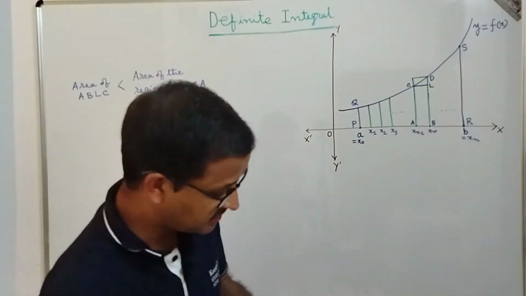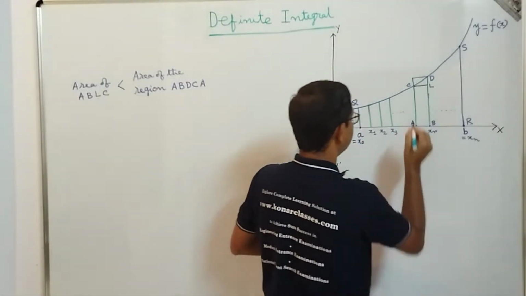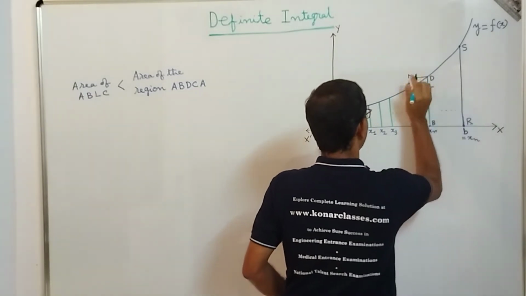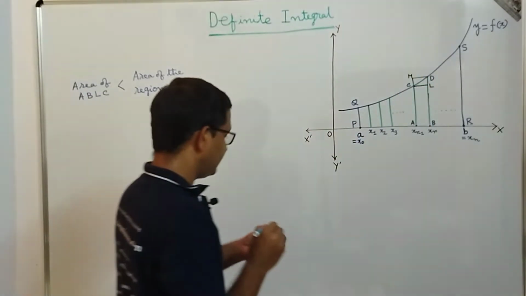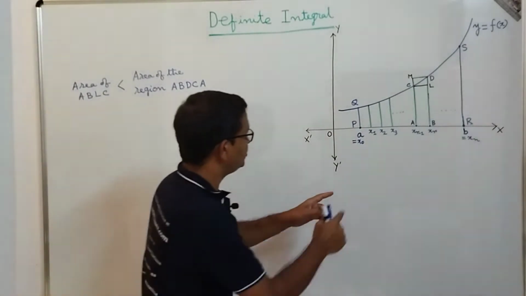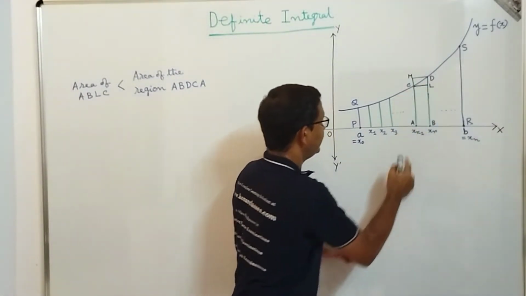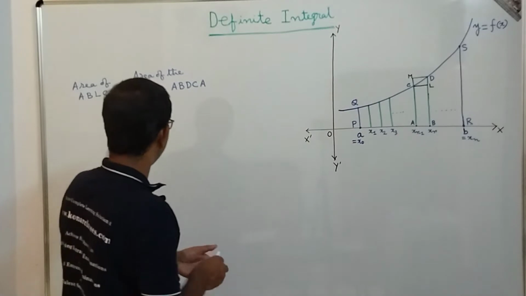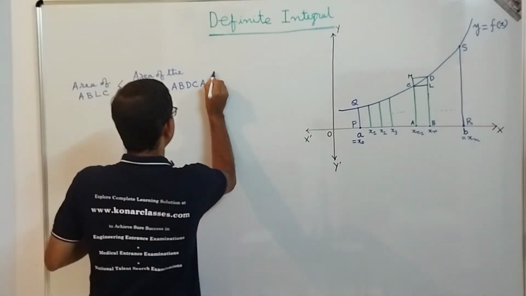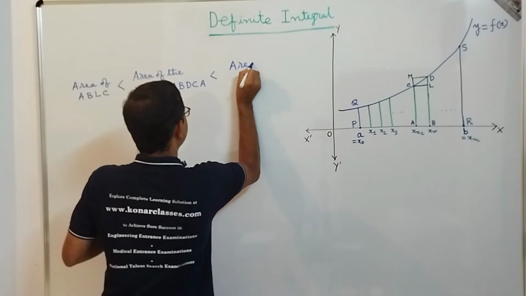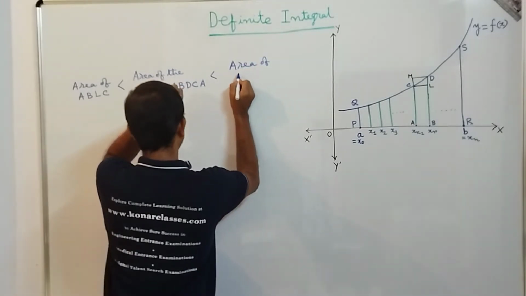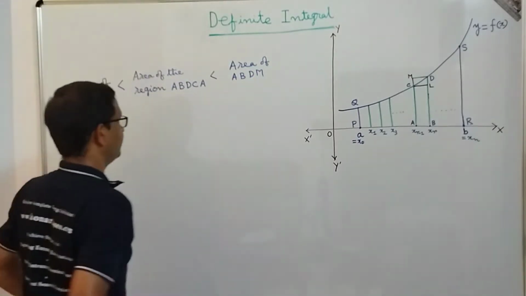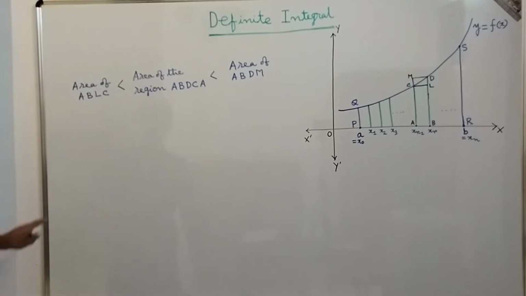The point of intersection of the perpendicular drawn from D with the extended line AC, suppose we name it M. Then the area of the region ABDCA is less than the area of the rectangle ABDM. Okay, now a few interesting points.